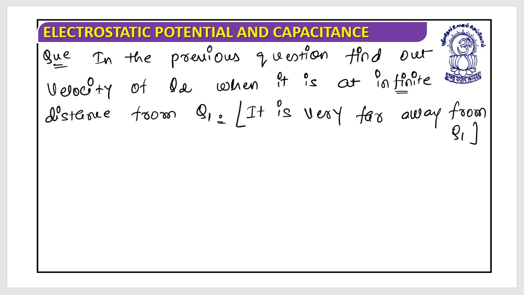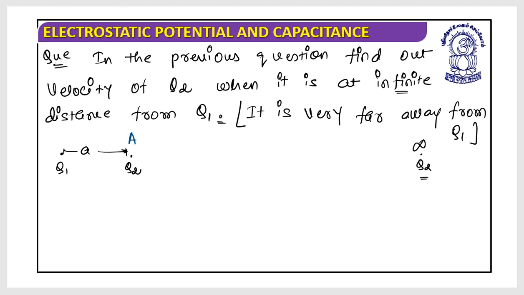Yes. So what would be the situation? The situation looks like this: q1. Now this q2 would be very far, and let's say this is the infinite distance. So this would be the situation, and I need to find out the velocity at this point. So what you will do, do it quick. Clock is running very fast.